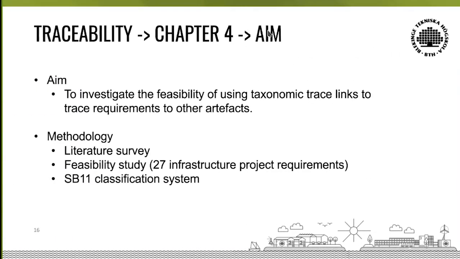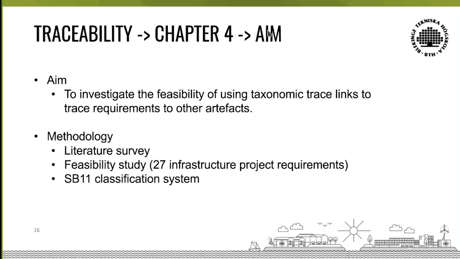So we have an idea of using taxonomic trace links to enable traceability between requirements and verification. And in particular here, we were looking at investigating the feasibility of these taxonomic trace links.